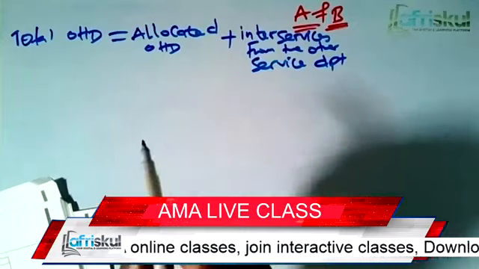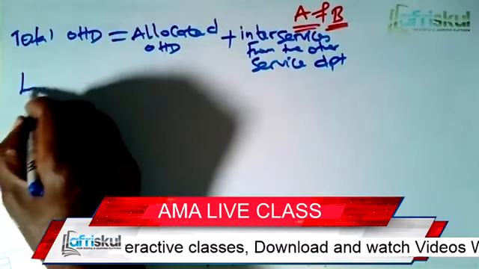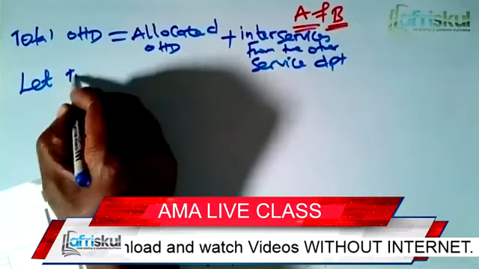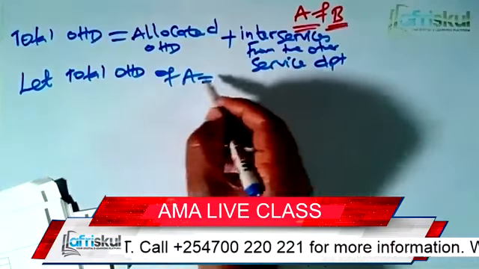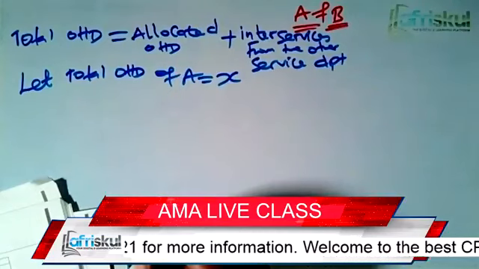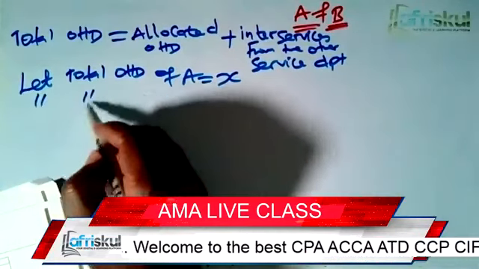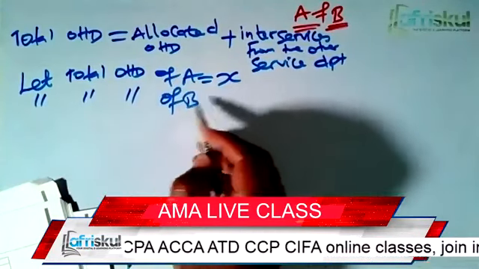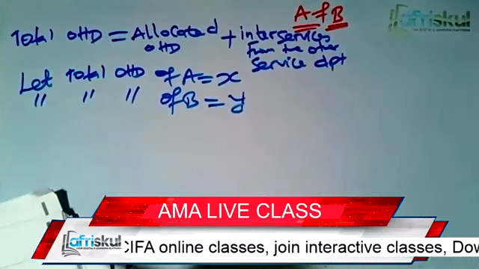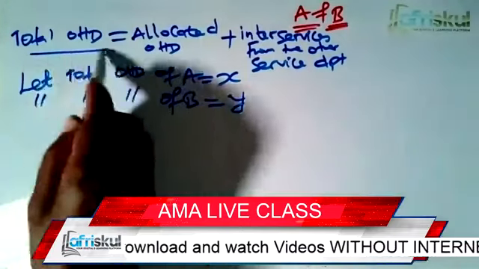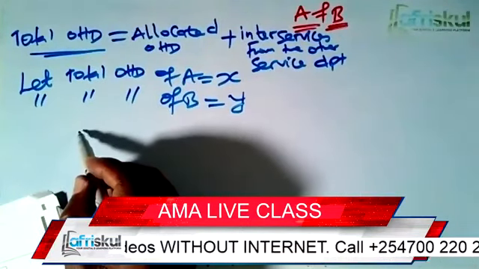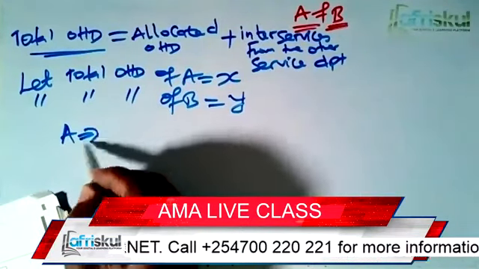Now here we happen to be having two service departments, so we shall let the total overhead of A be represented by X. And then we will let the total overhead of B be represented by Y. So, ladies and gentlemen, if that is the case, then following this formula, our total overhead for A will look like this.